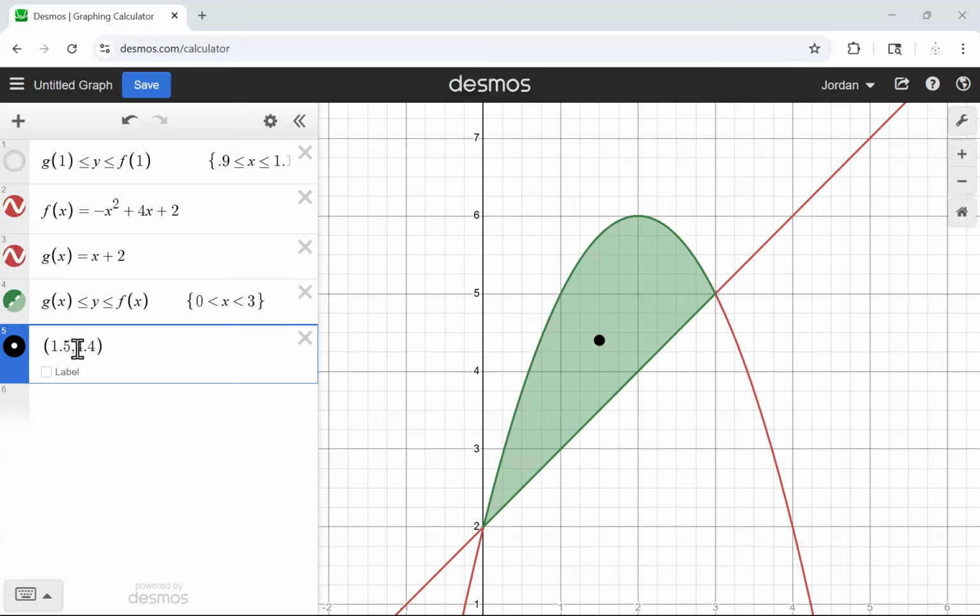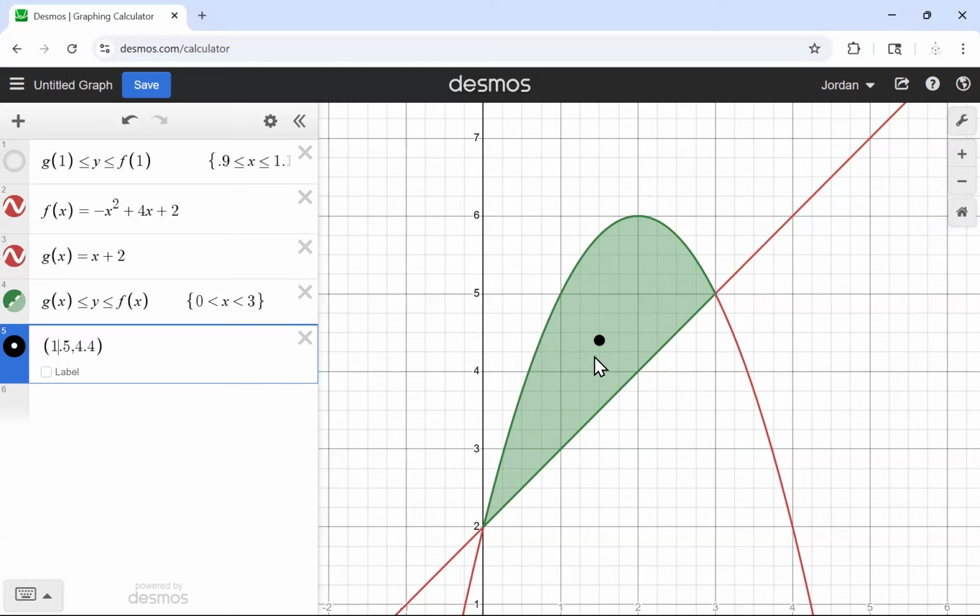If your point came out to, let's say, 1.5 comma 3.4, then this doesn't really make a whole lot of sense for the center of mass. Or if it came out to like up here, then it wouldn't have made sense. Or if it came out to there, or just there, wouldn't make sense.